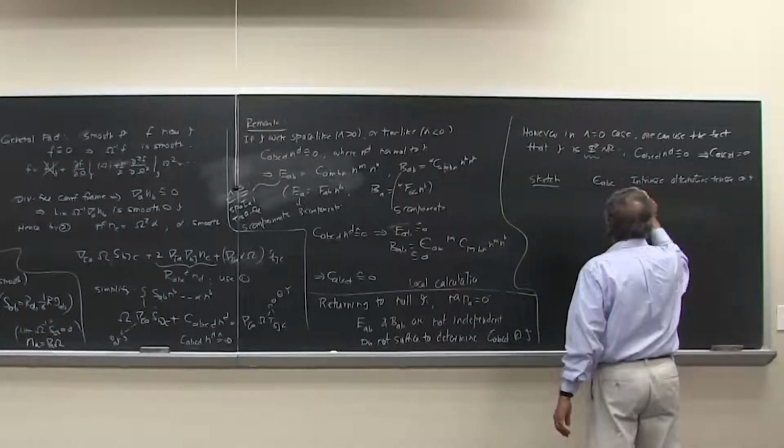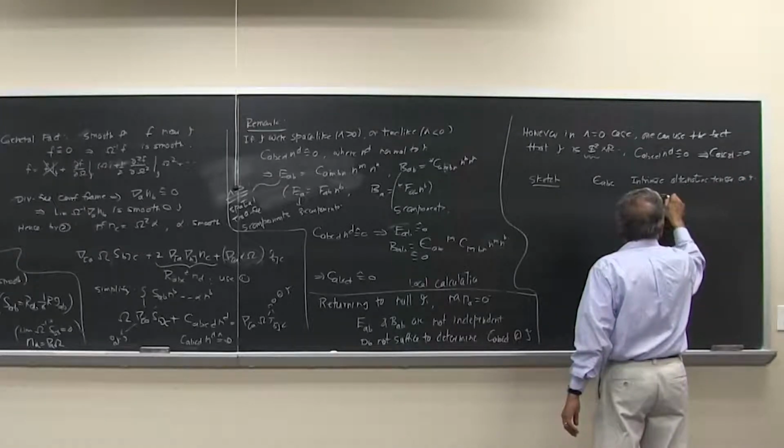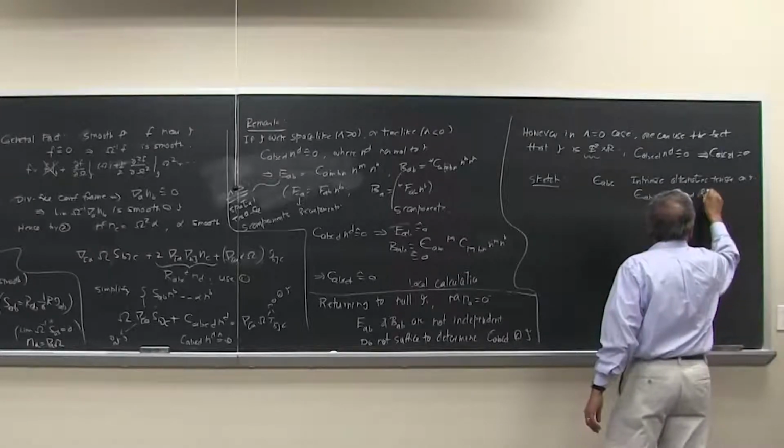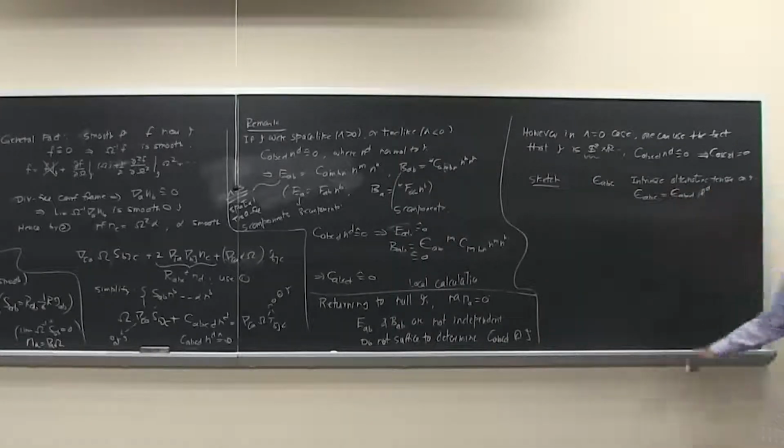So for example, you can take epsilon ABC defined to be equal to epsilon ABCD times L^D. Think of it in Minkowski space at the moment. We're going to define L^D in a minute, but there's an intrinsic tensor which can be defined like that.